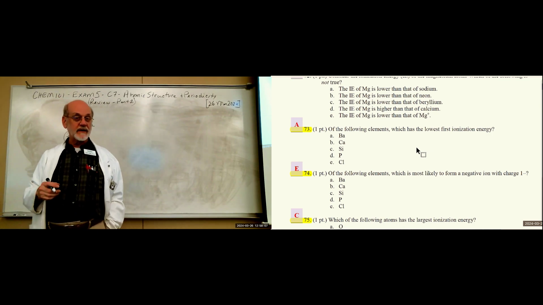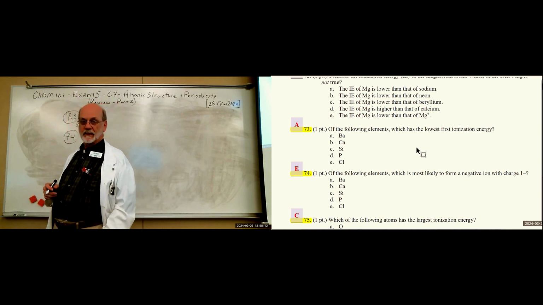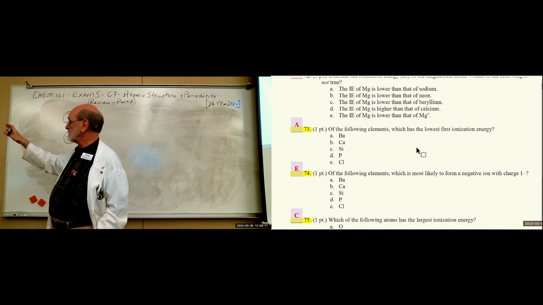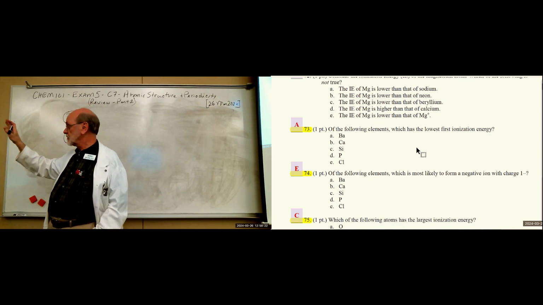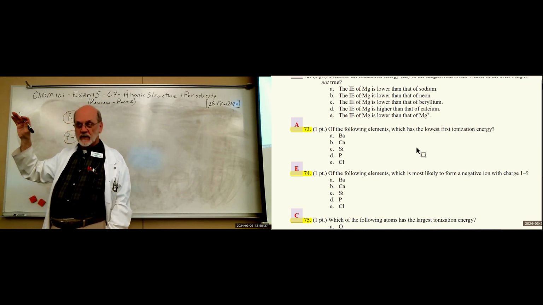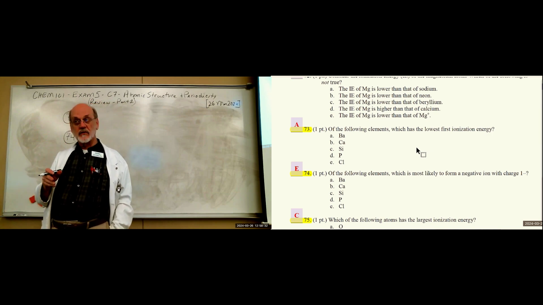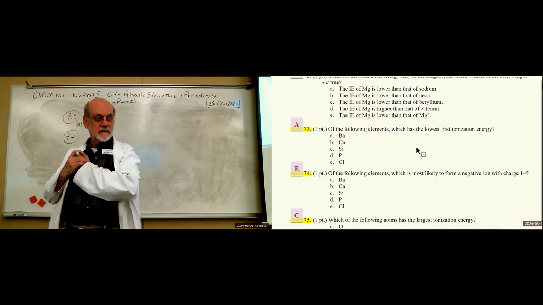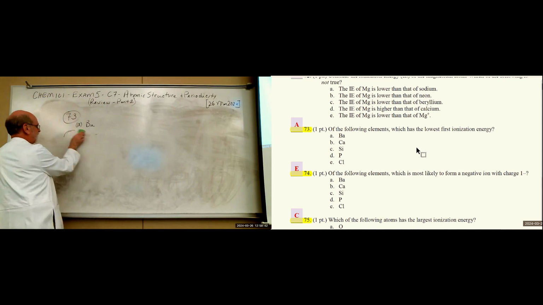So we can throw the metals out because they don't want electrons. Barium, calcium, right? Silicon's in between. Phosphorus is most likely to form 3 minus charge, because phosphorus adds 1, 2, 3 electrons to get to argon. That's when they're most happy. It's when they can get that noble gas configuration. So chlorine is the best answer there. It has a -1 charge. Right.